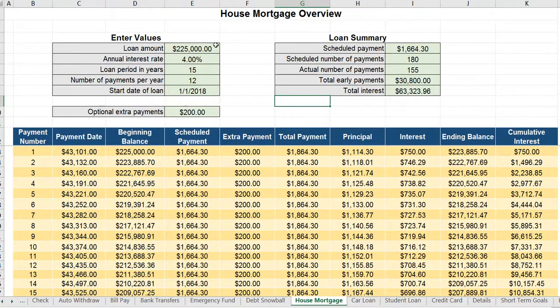I have a house one for this. I've got a car loan and a student loan and a credit card. They're all basically the same. Just manipulate the figures to fit your situation and work towards budgeting additional money to pay off your debt, and you'll find that it's extremely beneficial financially.